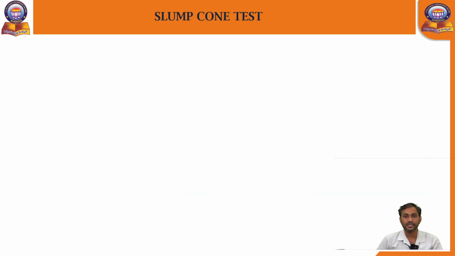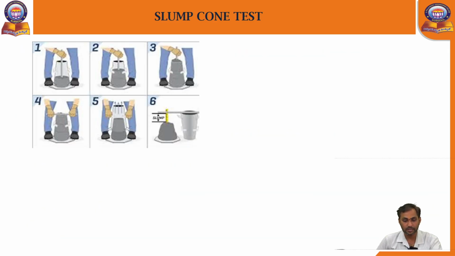Okay, I will mention it here. See, first place the slump cone on a clean and level base plate, fill one layer of concrete, and do the compaction with the tamping rod with 25 blows, and continue like this up to 3 layers.